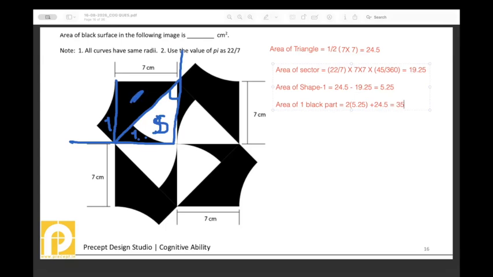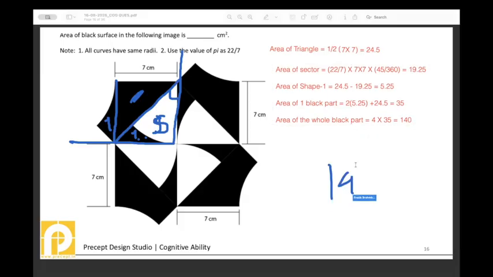This will be equal to 35. So the area of the whole black part, there are 4 such parts, so 4 multiplied by 35, which is equal to 140. The correct answer therefore is 140, which is the area of the black part.